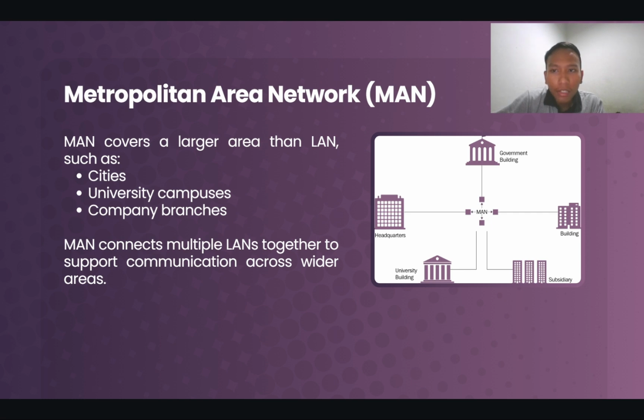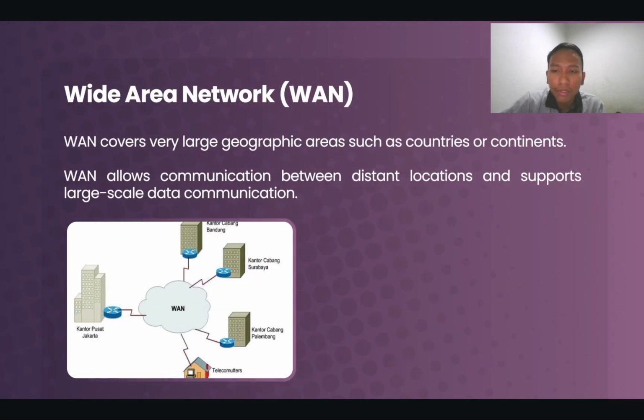Compared to LAN, MAN has a broader coverage area and is commonly used by institutions and organizations that operate in multiple locations. The next one is the wide area network or WAN. WAN covers very large geographic areas such as countries and continents. WAN allows communication between distant locations and supports large-scale data communication.